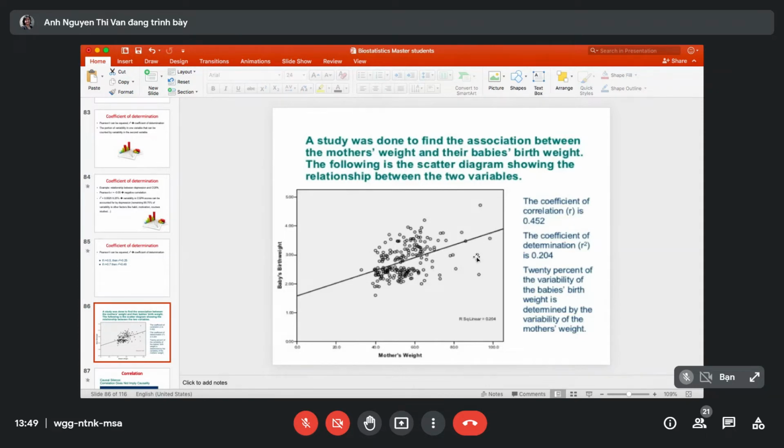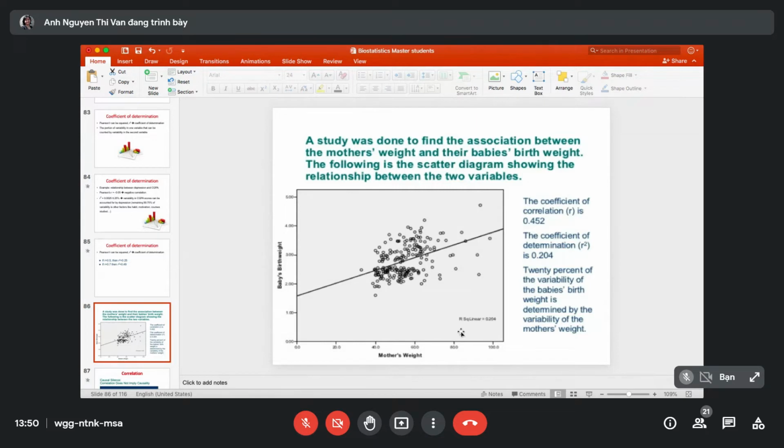Then you can calculate the coefficient of determination as R squared. In this case, it is 0.204. It tells you how much variability of the dependent variable can be explained by the independent variable.